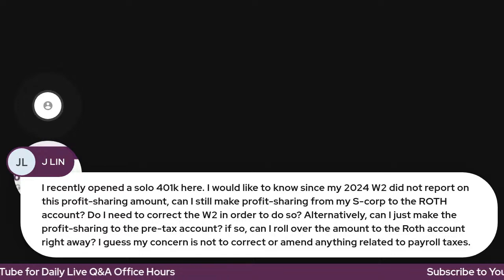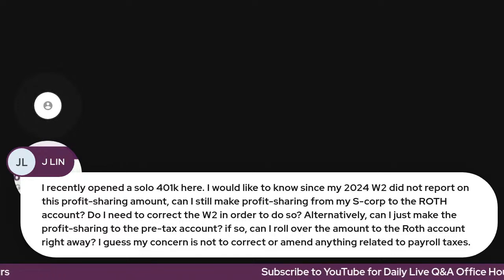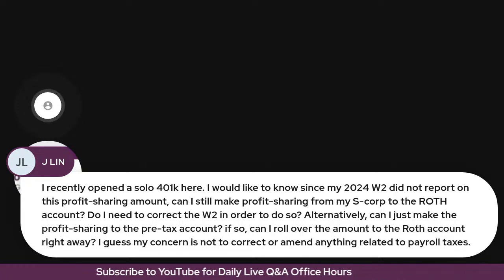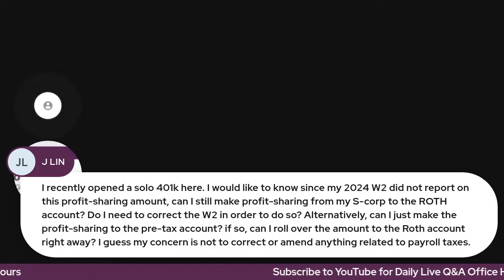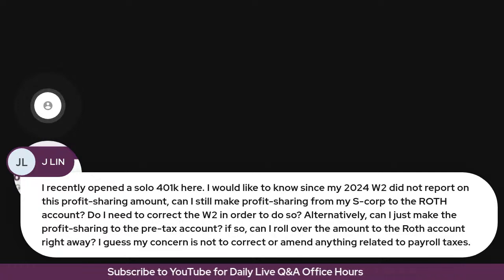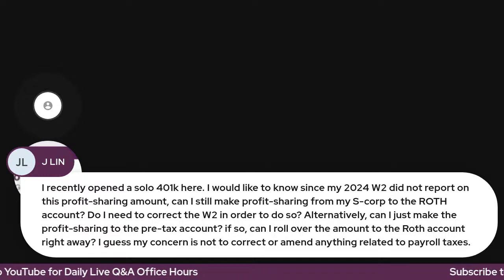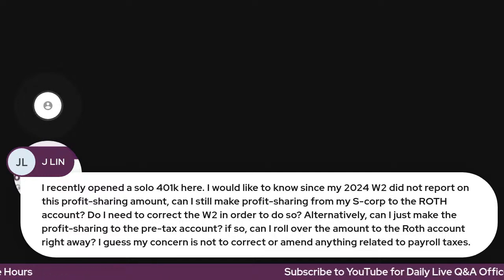In other words, you do not report employer contributions on the Form W-2, whether employer Roth solo 401k contributions or employer pre-tax solo 401k contributions. Instead, they get reported on your S Corporation Form 1120S, line 17, if we're talking about an S Corporation.